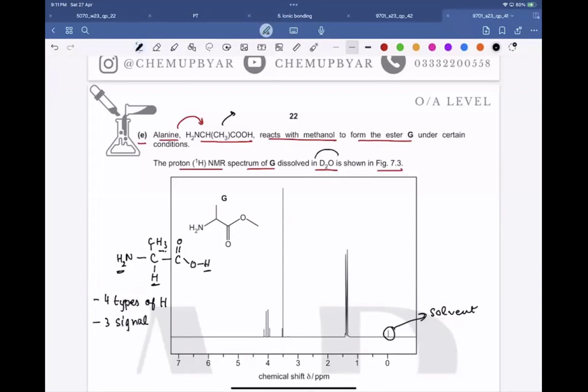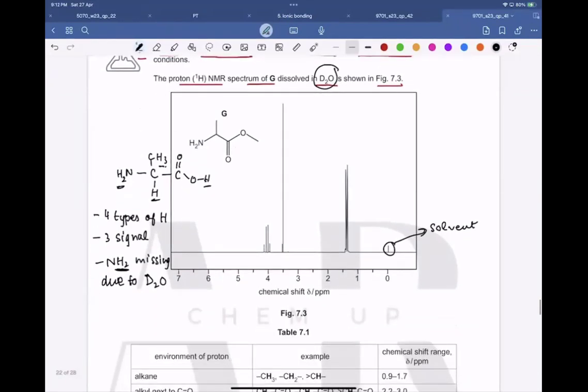And as they have told you that it is dissolved in D2O, we can easily figure out that the signal of the NH2 hydrogens is missing due to D2O, as D displaces hydrogen. Is this understandable to all of you?